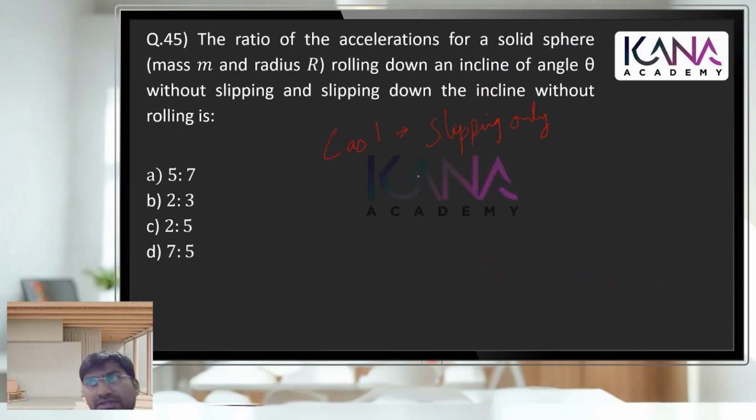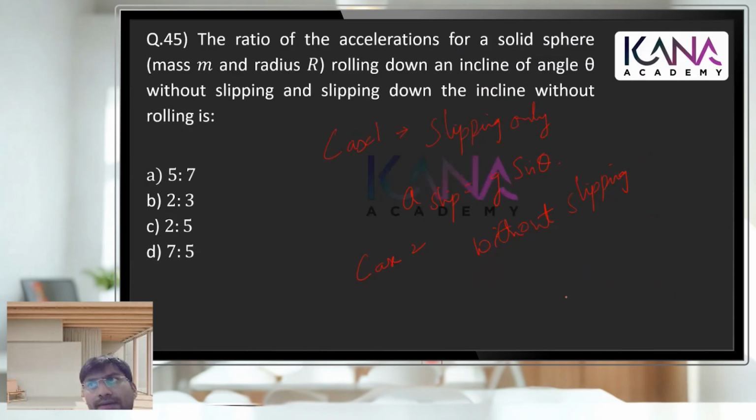So it's purely translational. So the acceleration for slipping is nothing but g sin theta. There is no rotation, so all the pull, mg sin theta, goes into speeding up the block linearly. Then there is case 2. It is rolling without slipping at all.